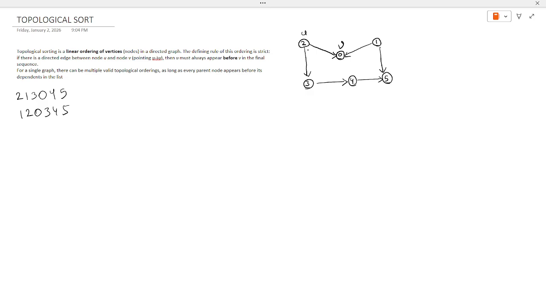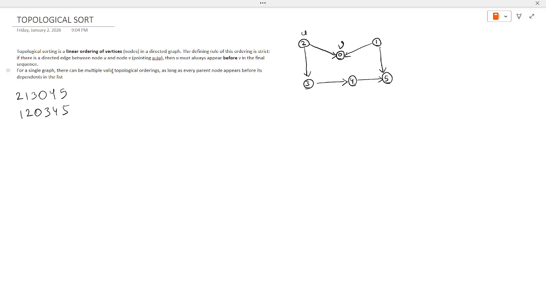For example, if I consider this directed edge 2 to 0, then in a topological ordering, 2 should always appear before 0 and 3. 0 and 3 are child nodes of 2, and in a topological order, 2 should always appear before 0 and 3.